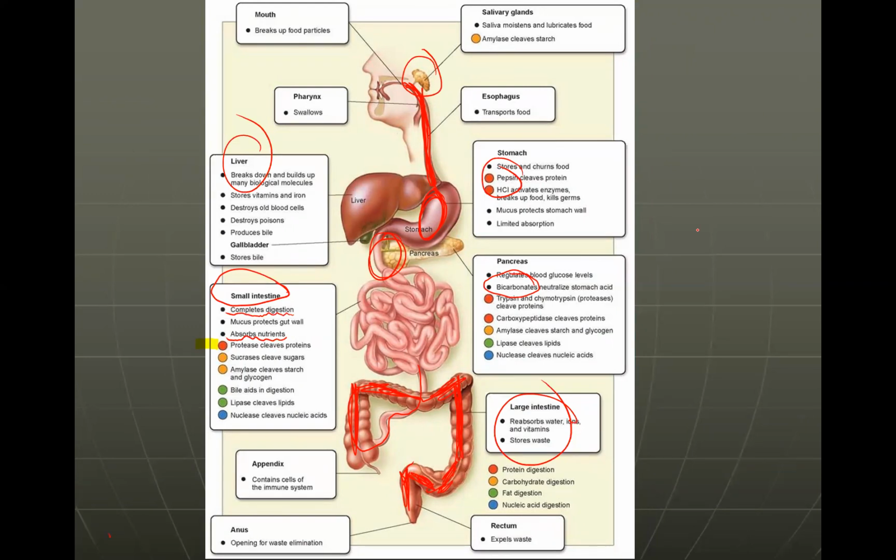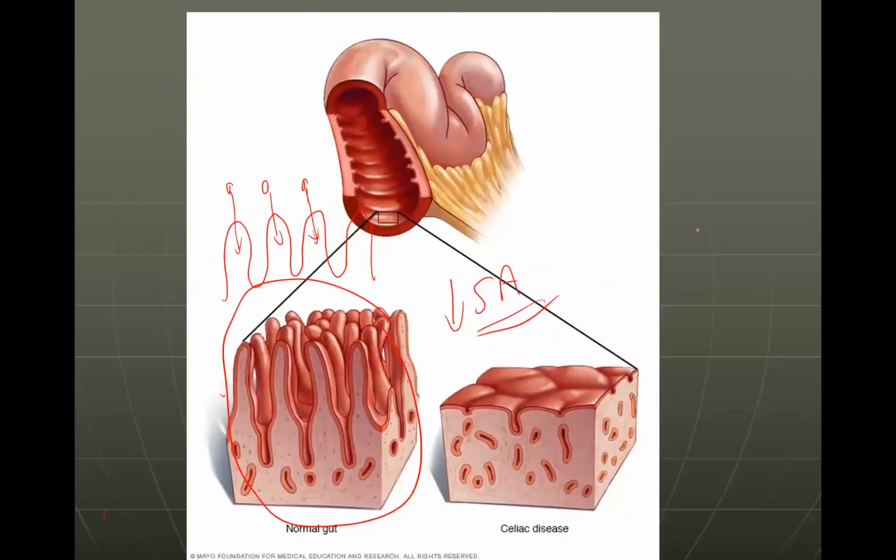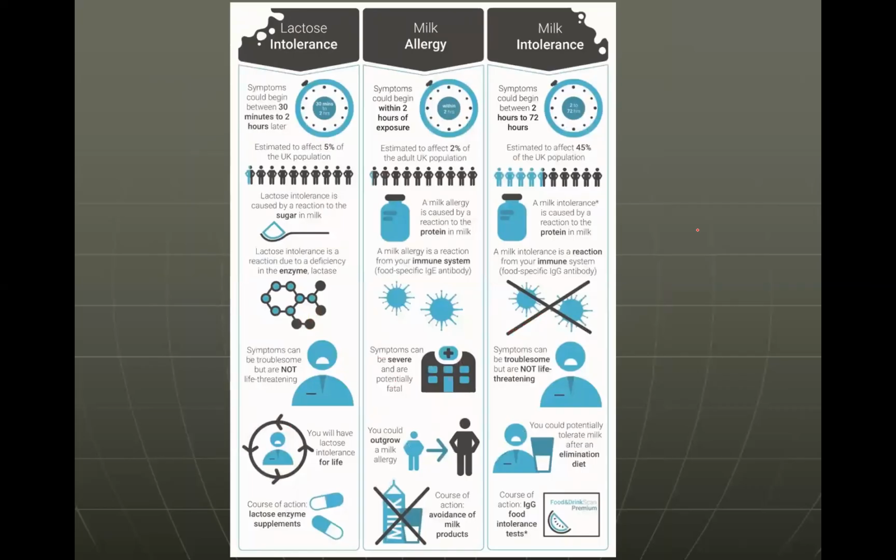One of those enzymes is lactase. That's if you're lactose tolerant. If you're lactose intolerant, you stop making that enzyme. So what happens then is the lactose doesn't get broken down.